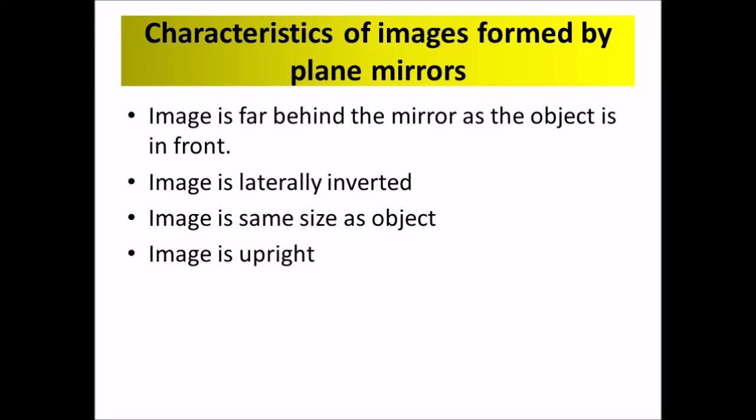Then the image is upright, just the way the object is. Then the image is virtual. As you are going to see, the image is formed by projections of rays, but not actual rays.